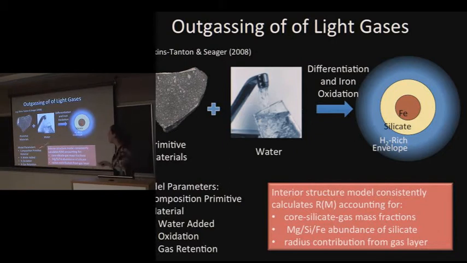So in general, a wide range of envelope compositions can be produced by outgassing. Here I'm considering a hydrogen-rich scenario in order to set a low density limit.